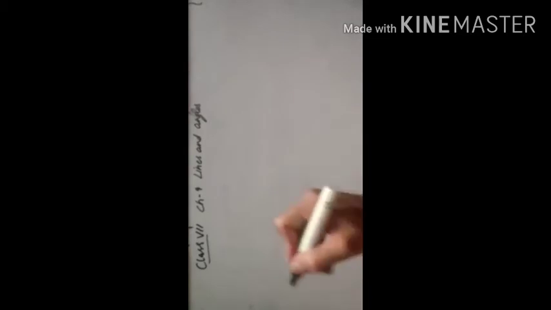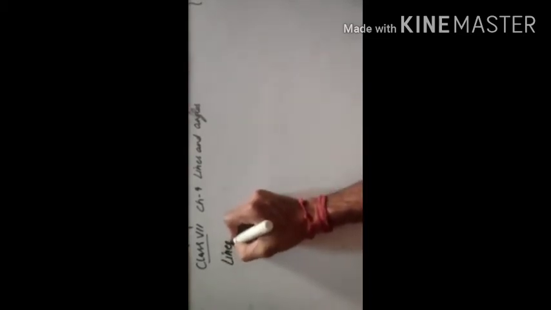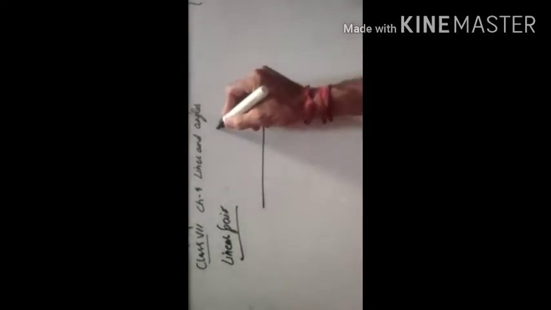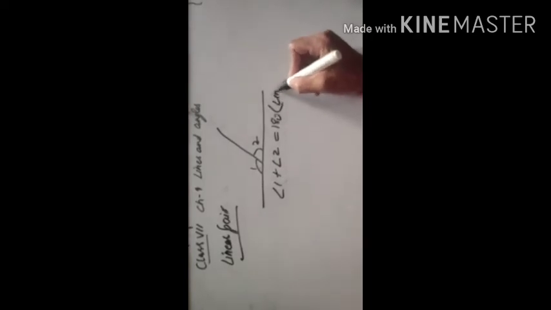Now these two adjacent angles are said to form a linear pair. Next is linear pair. Suppose this is a line and this is an angle. Angle 1 plus angle 2. When angle 1 plus angle 2 is equal to 180 degrees, then they are said to form a linear pair.